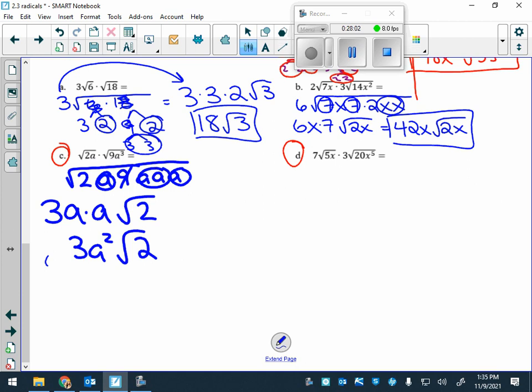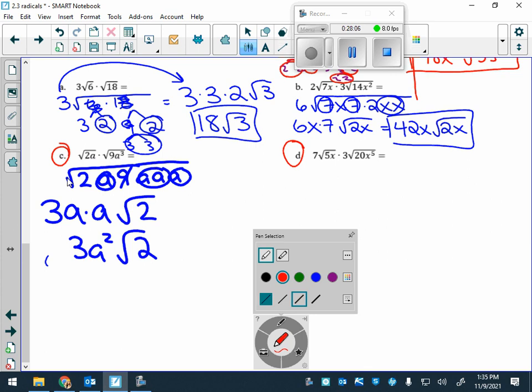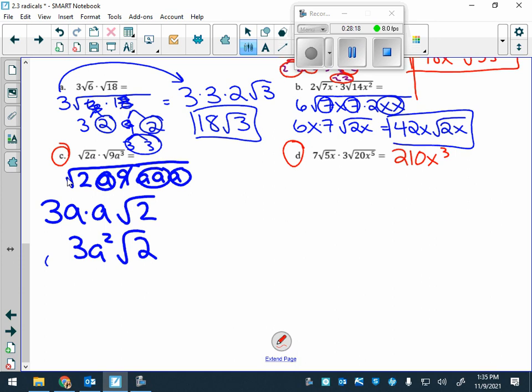Okay, how about D? Sawyer. Perfect. 210 x cubed. How many of you did get that? Just going through it, multiply 7 times 3 is 21.